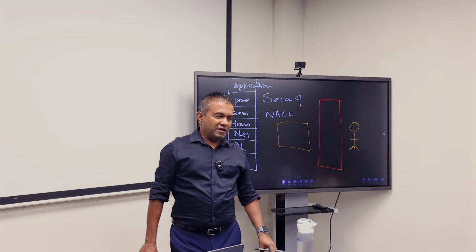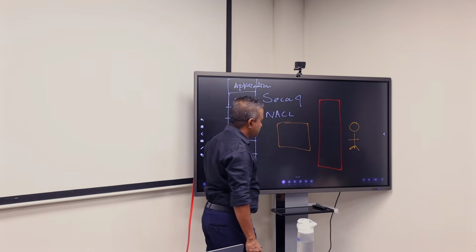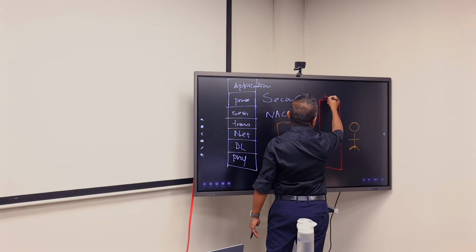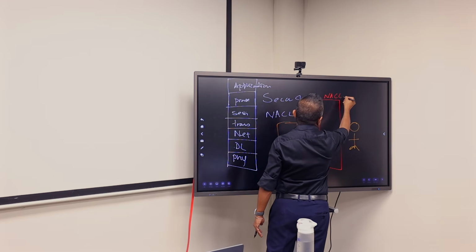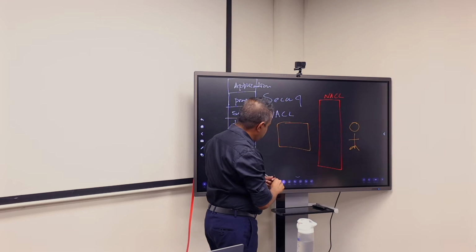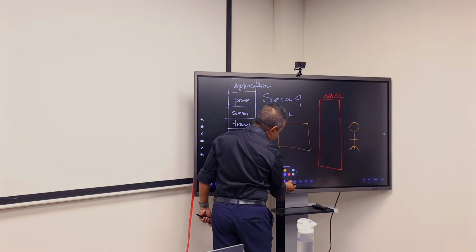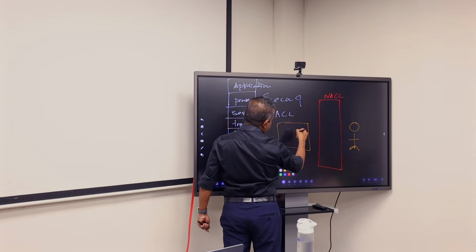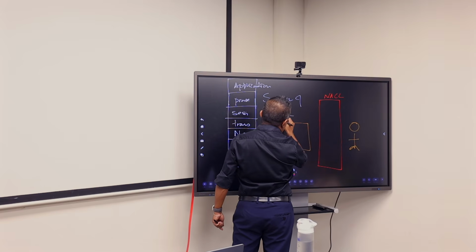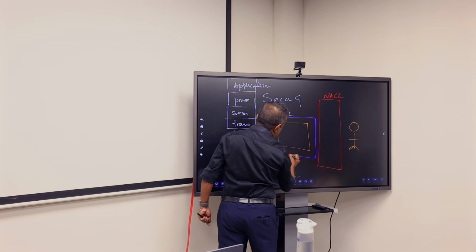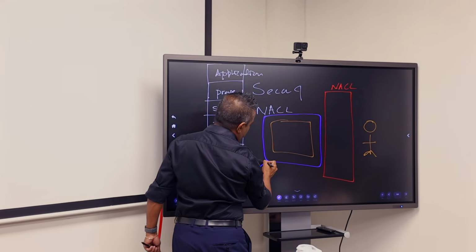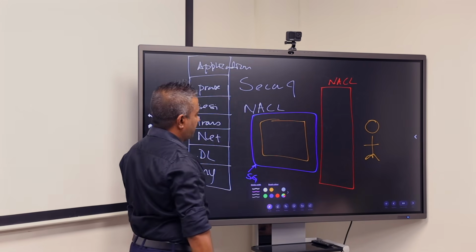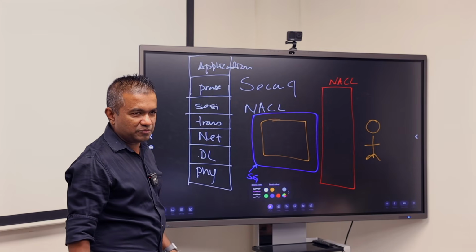Now let's assume this is the NACL, and this is the EC2 instance, with another firewall, the security group.